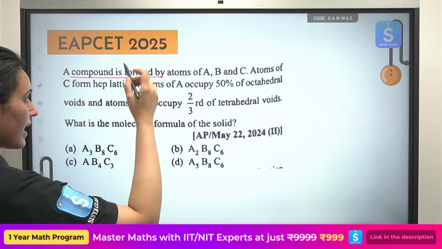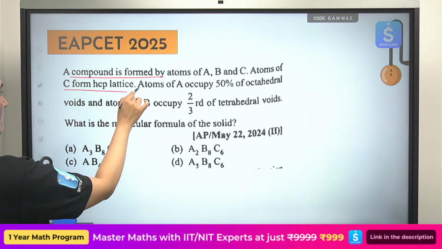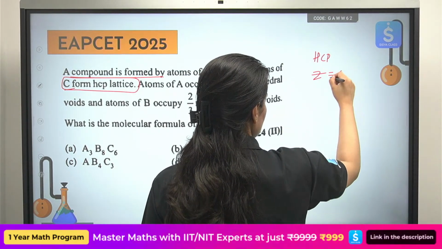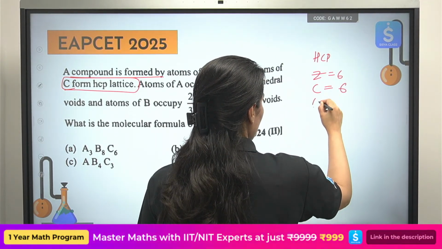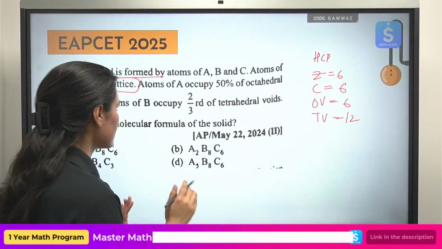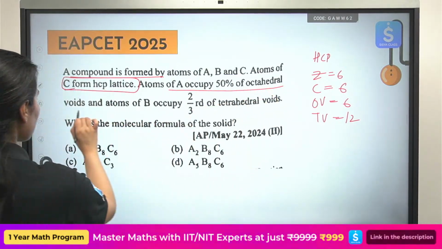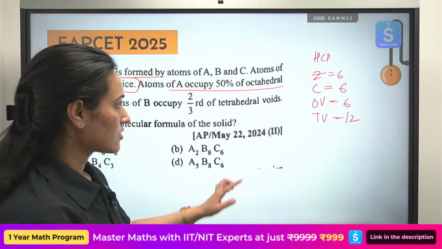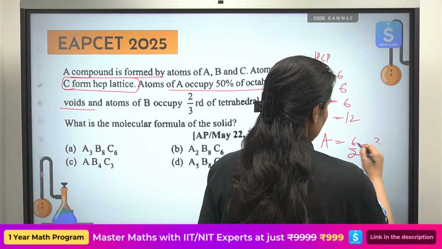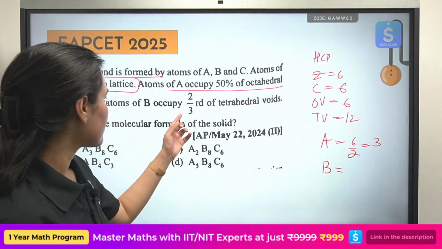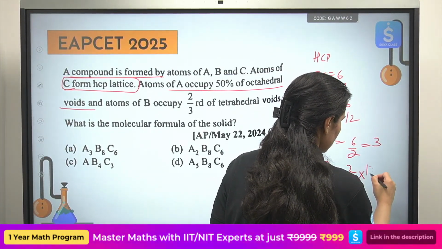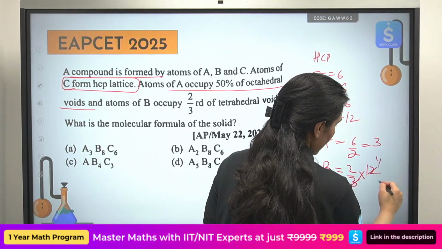A compound is formed by atoms A, B and C. Atoms of C form an HCP lattice. Write this. HCP lattice. Z is 6. So number of C atoms are 6. Octahedral voids are also 6. Tetrahedral voids are 12. Write everything. A occupies 50% of octahedral voids. So number of A atoms will be half of 6, only 3. Number of B atoms will be 2/3 of tetrahedral voids, which is 8.